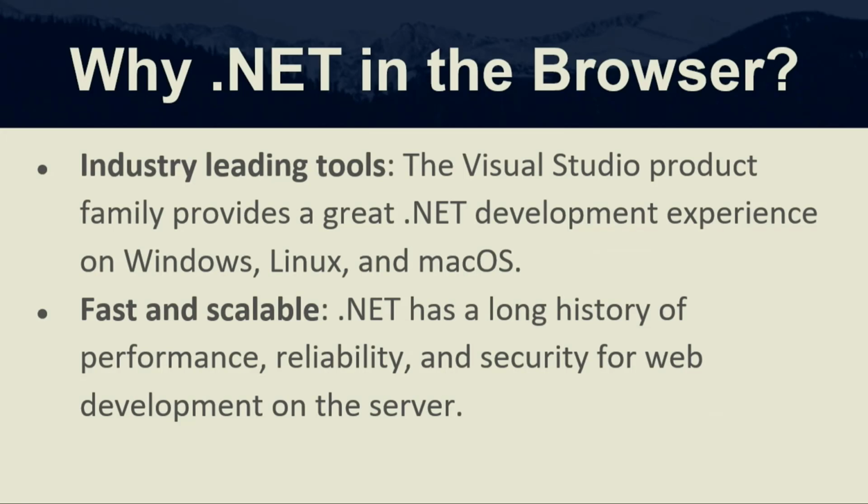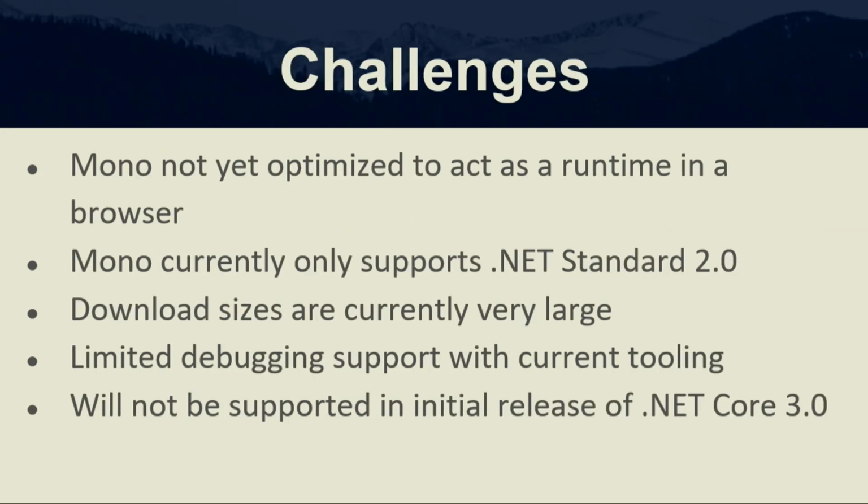So there are some challenges to this as well. And these challenges are the reason why Microsoft is not shipping the client-side version of Blazor in September. The main one is that it relies on Mono. Mono was never really optimized for this purpose as a runtime. It's cool that it can be compiled to WebAssembly and it works, but it needs a lot of further optimizations.